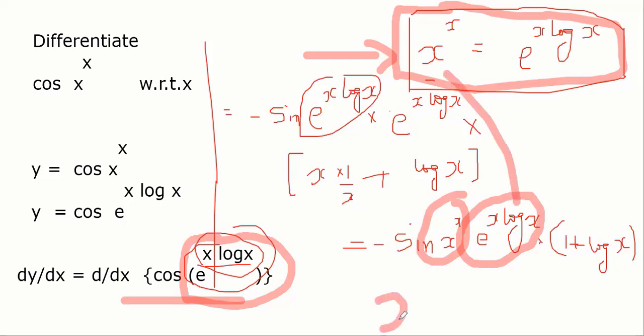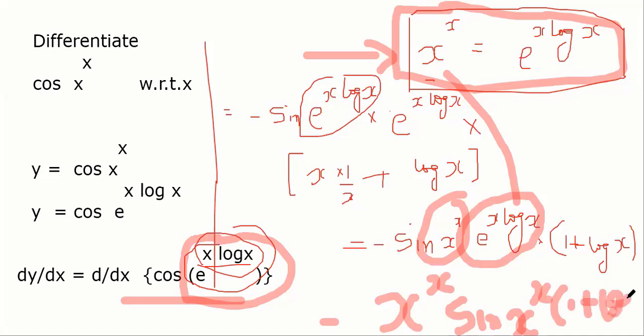So the final solution becomes minus x to power x sine of x to power x, into 1 plus log x. Correct? That's what you asked. Any other question? Yeah, I forgot it, but you can do that.